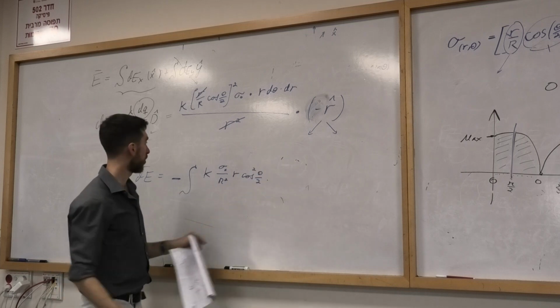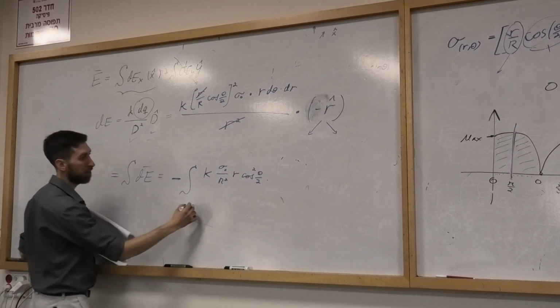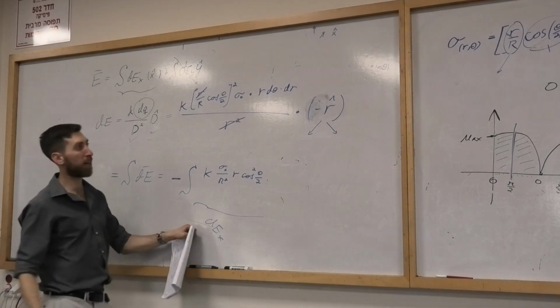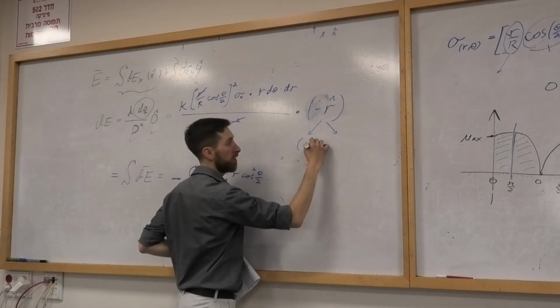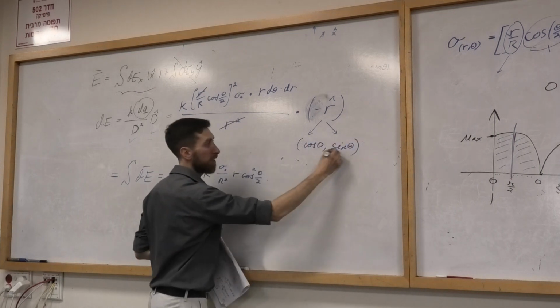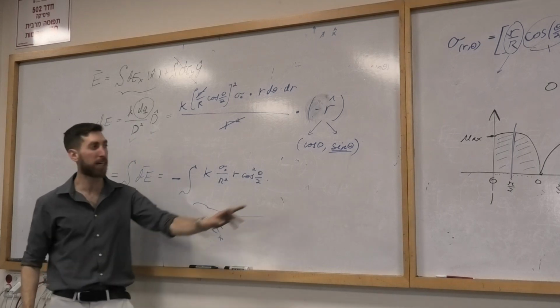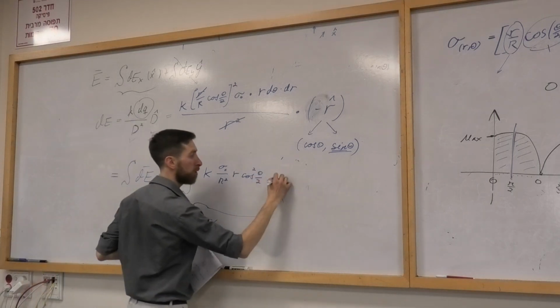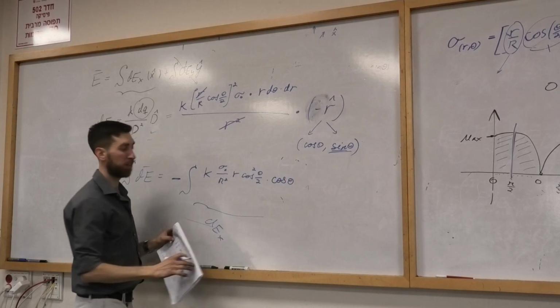I have two contributions. I want here to write only dEx, right? So what I'm actually going to use is cosine theta and sine theta. I know that if I sum up all the sines, they're going to cancel out. So I'm just going to use the cosine. So multiply by cosine theta.